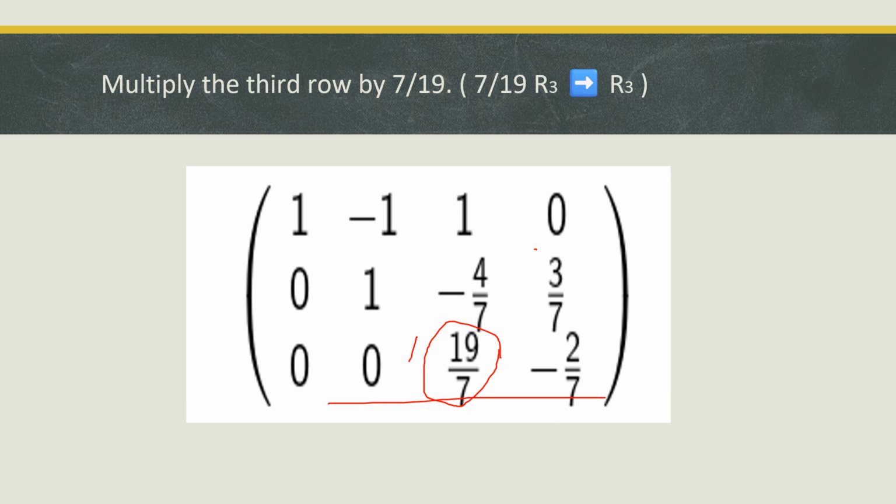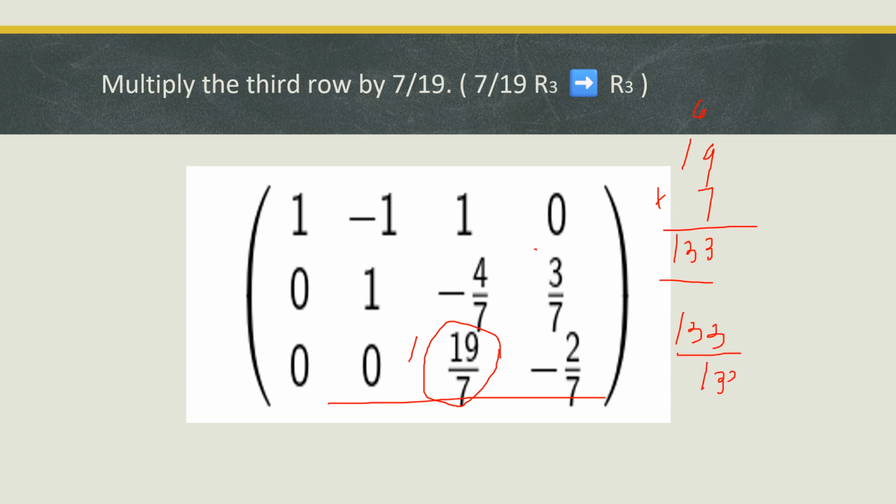That's why we multiply the third row by 7 over 19, because 7 times 19, that would be 19 times 7. 9 times 7 is equal to 63, so 3 carry 6, that would be 13, so 133. So 133 over 133 is equal to 1, right?